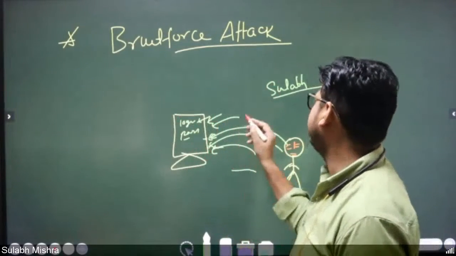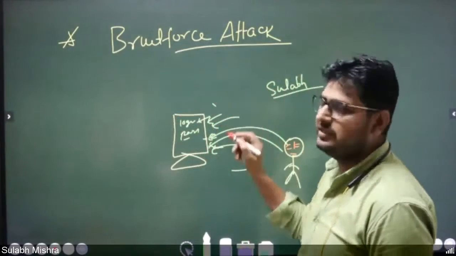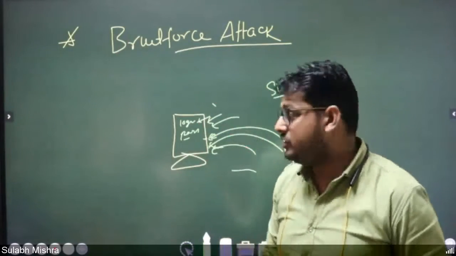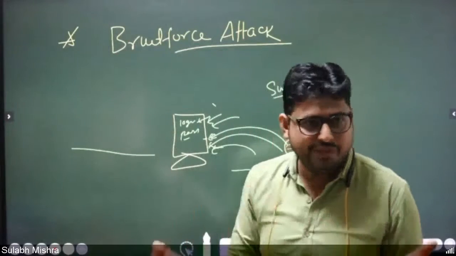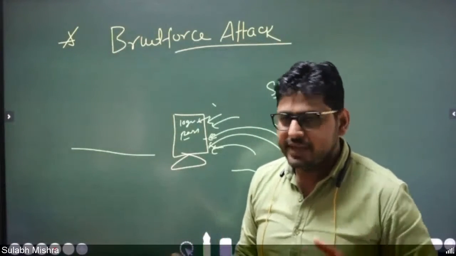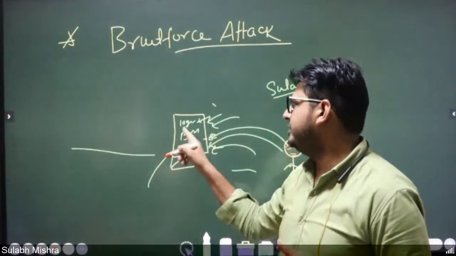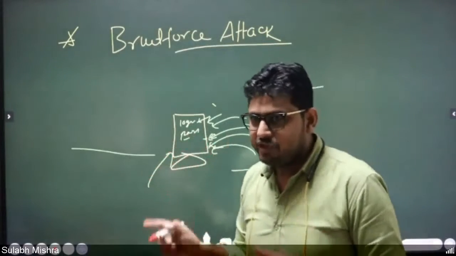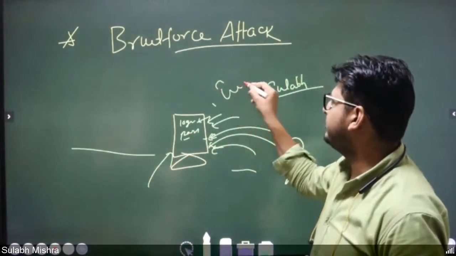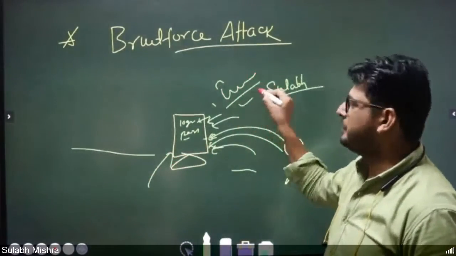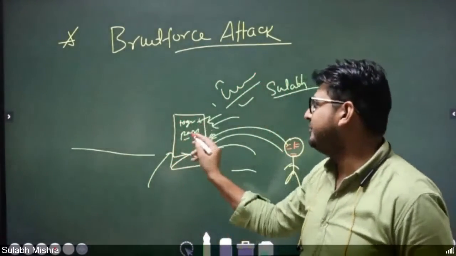Sometimes he does not know, but in your company there are multiple users, right? Multiple users are there, yes or no? Any user can log into any computer with their user ID and password, right? So what happens is he will keep the password, say welcome@1234, and he will try multiple usernames with the same password.